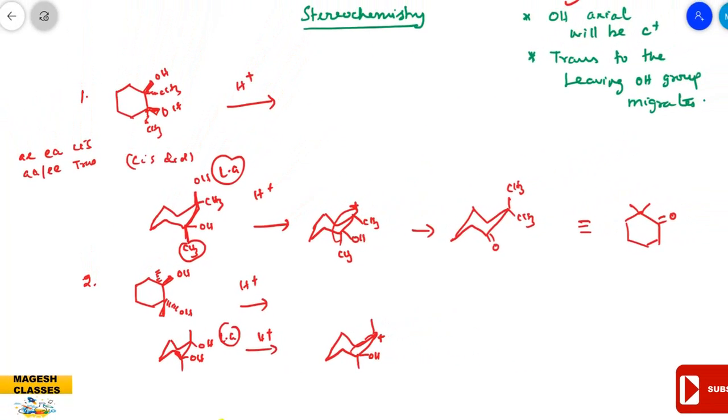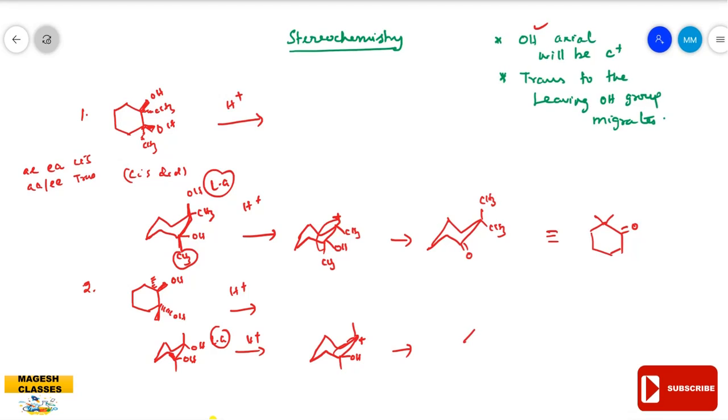So what is the product now? It will be like this. So the movement of this group, and it is converted into the carbonyl group. So the methyl group is present here. So this is equivalent to a 5-member system, with this methyl group present. Okay.